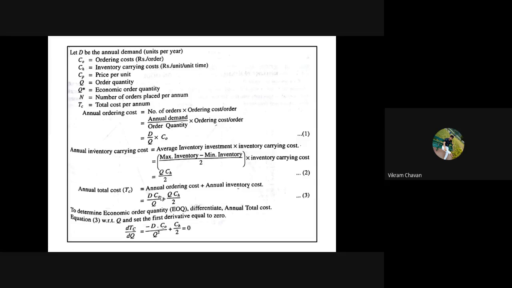Differentiation of Q raised to minus 1 will be minus 1 multiplied by Q raised to minus 2. So we get minus D multiplied by C naught divided by Q square, the differentiation of the first term.